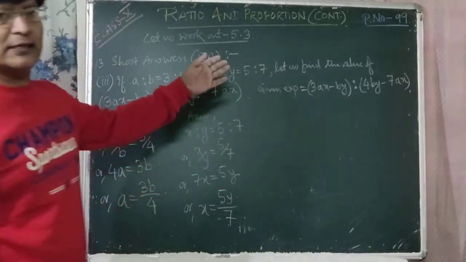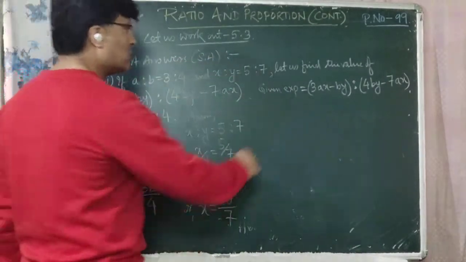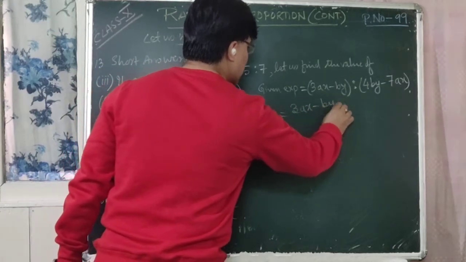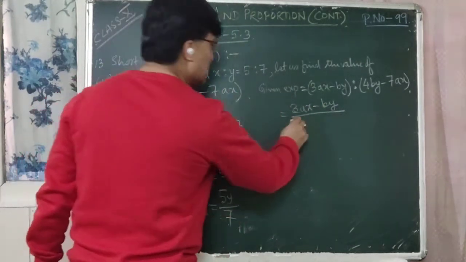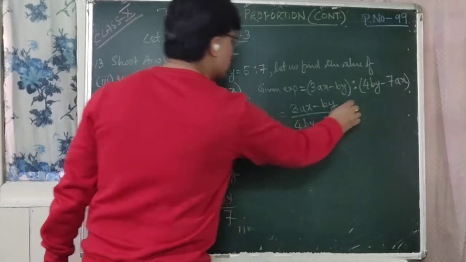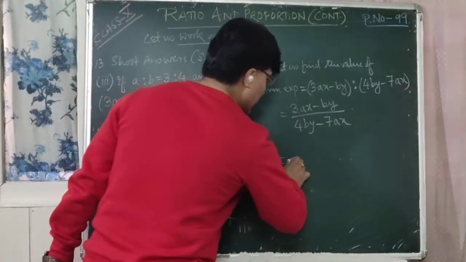Is that clear? So you can write it in terms of fraction, that is 3ax minus by divided by 4by minus 7ax. Is that clear? So let us put the value now.